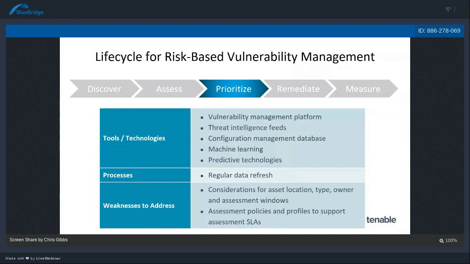You have assets in your business, you know how critical they are to you. Maybe it's a server, maybe it's a firewall, maybe it's a CEO's laptop or the head of HR. These different devices will have different business criticalities that will impact how quickly you remediate the vulnerabilities on those as well, not just because you're told this is critical.